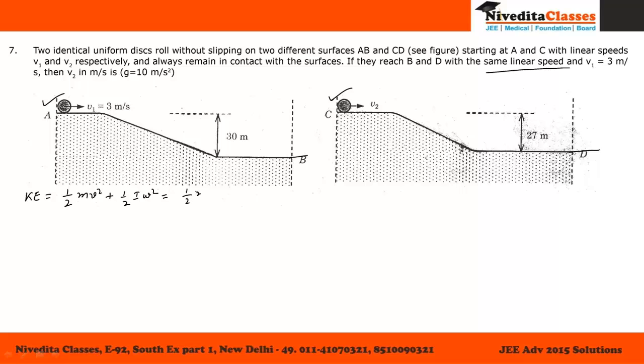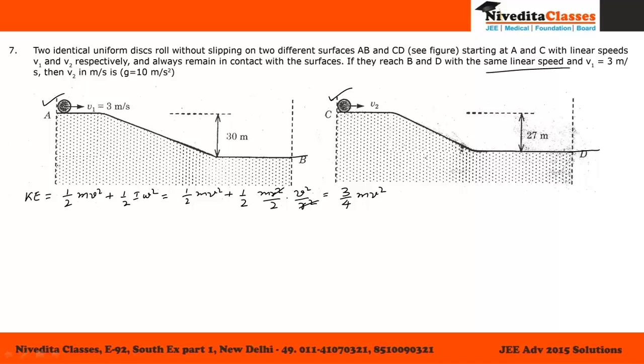We will have half mv square as it is, then half I omega square, and for a disk the I is given as mr square divided by 2, and we can convert this angular velocity into linear velocity, that will be v divided by r, so it will become v square divided by r square, and this r square gets cancelled out. So we are left with half mv square plus 1 by 4 mv square, which becomes 3 by 4 mv square.